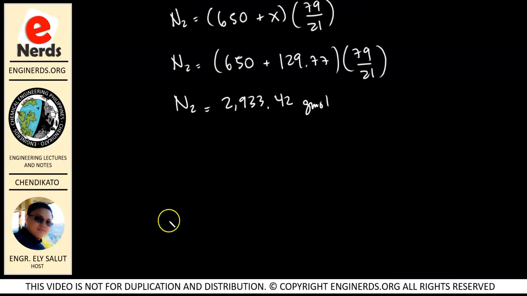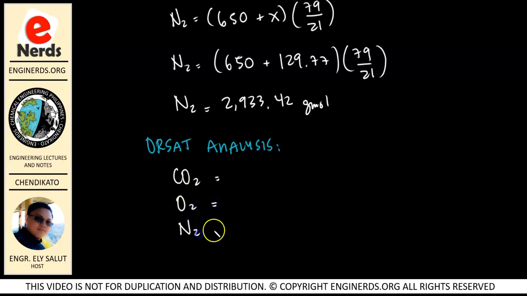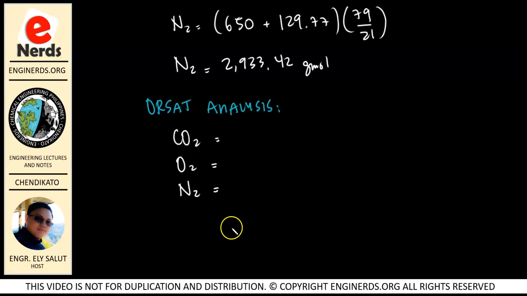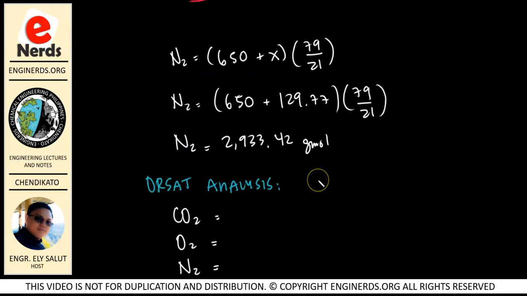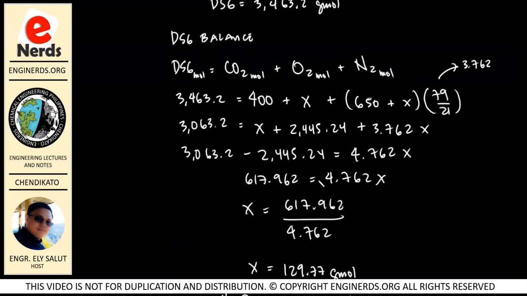Okay, so now we will have our complete Orsat analysis because we already know our values. So, we have our Orsat analysis in here. We know we have 3 components in our Orsat: our CO2, our excess O2, and our N2. And we know also that this is equal to a total of, where did we get that?